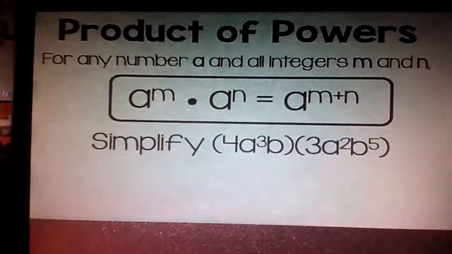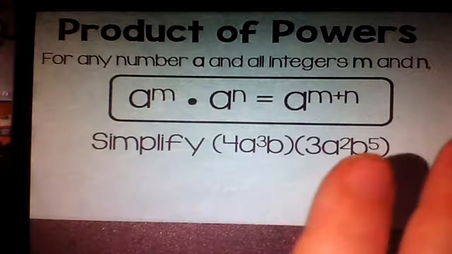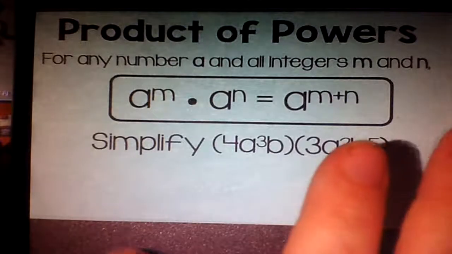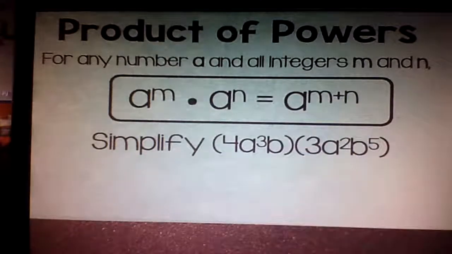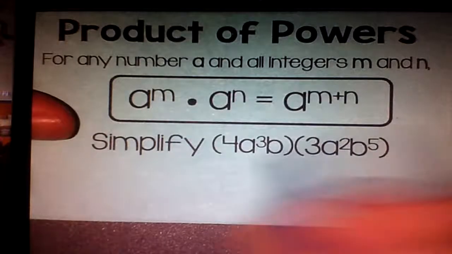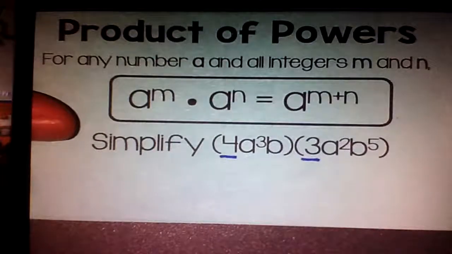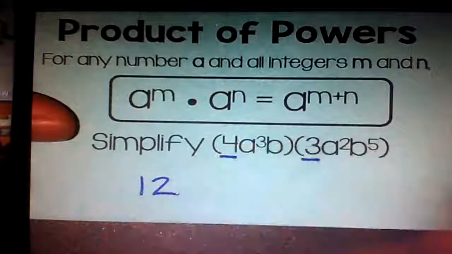Let's take a look at this one. Simplify. What's going to happen if I have 4a cubed b times 3a squared b to the 5th? 4 times 3 is 12.